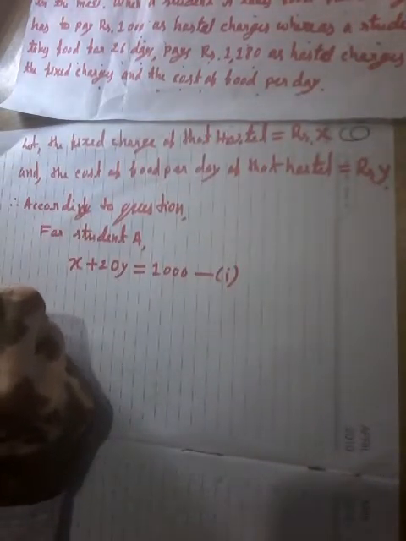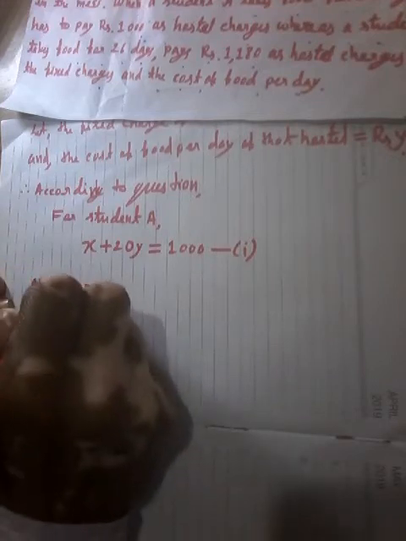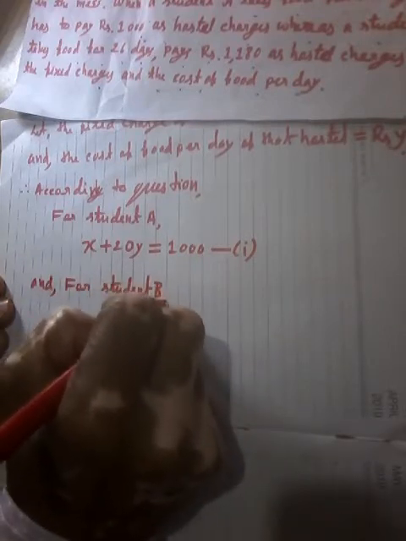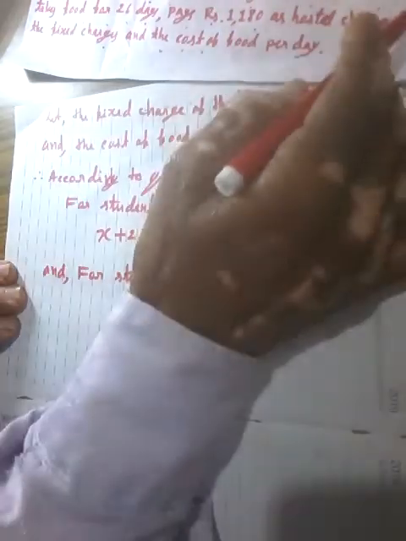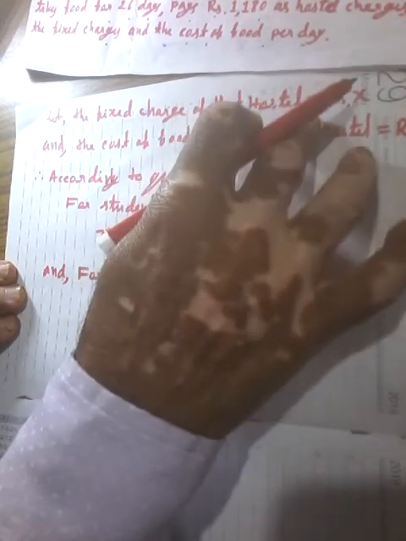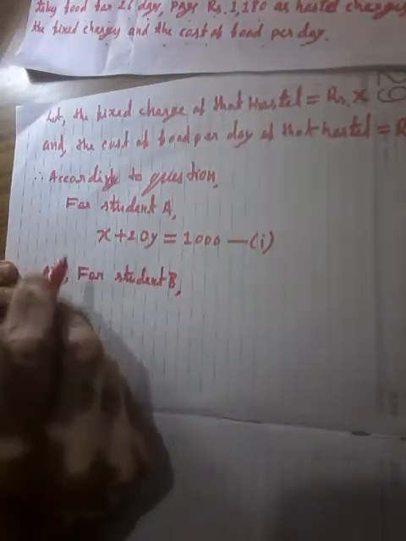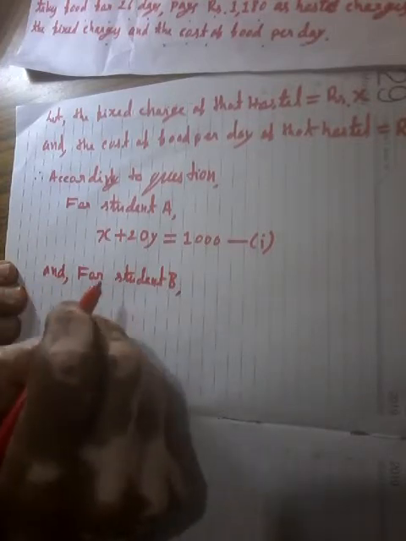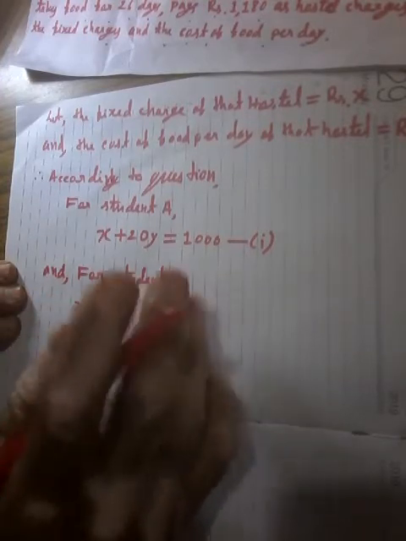And for student B, the fixed charge of that hostel is rupees x, which is compulsory to each and every student.